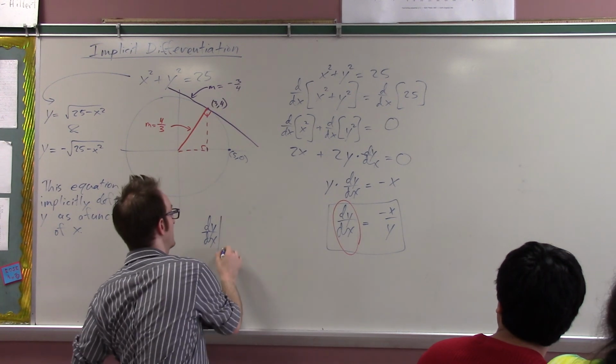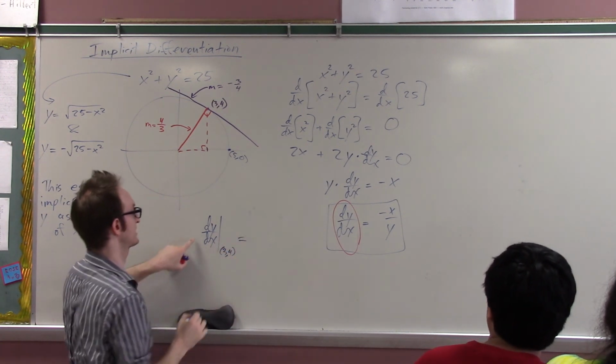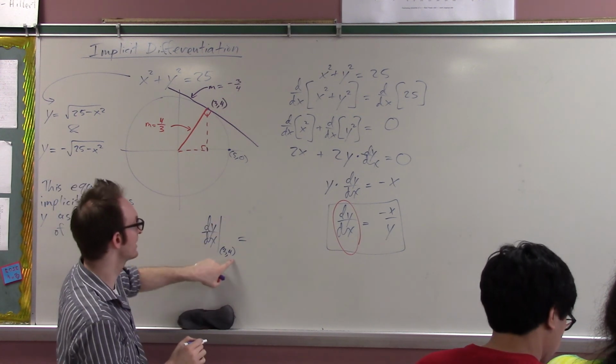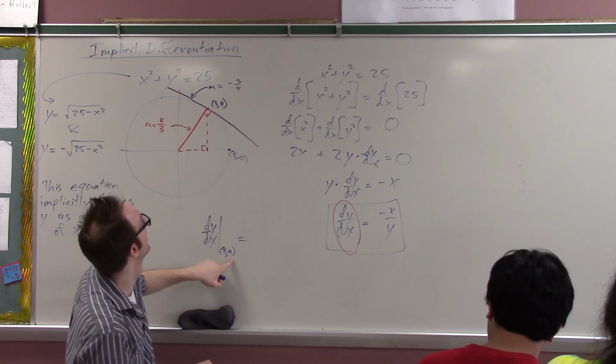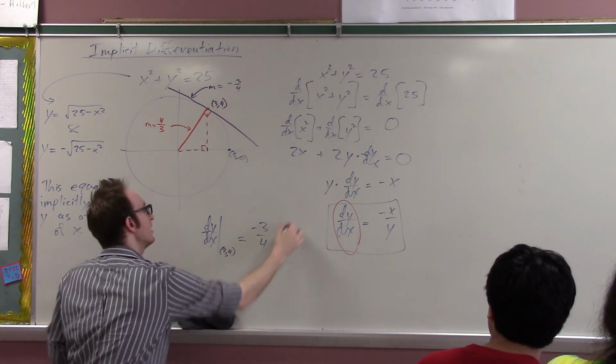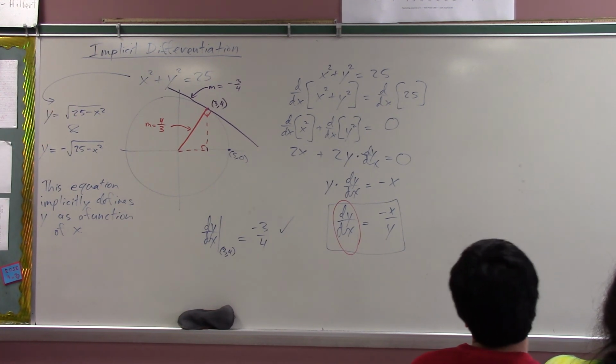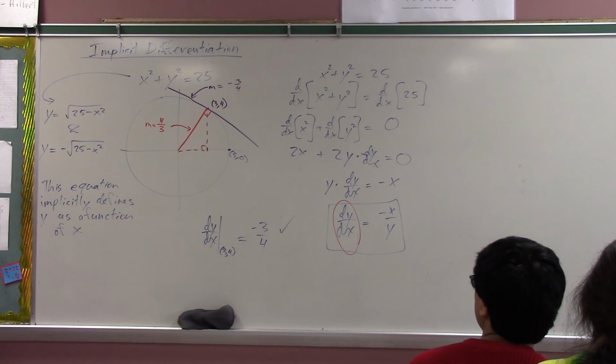And so let's plug into this point 3, 4. This is the notation for dy dx evaluated at the point 3, 4. Well, yeah, it just works, right? Bam. All right. So this calculus mumbo jumbo matches up with what we knew the answer to be already, which makes this example sort of satisfying, I suppose.